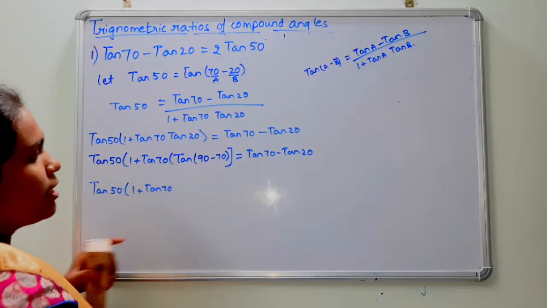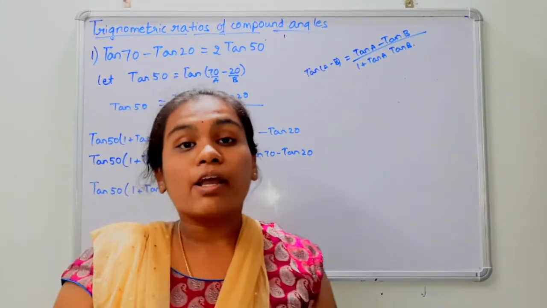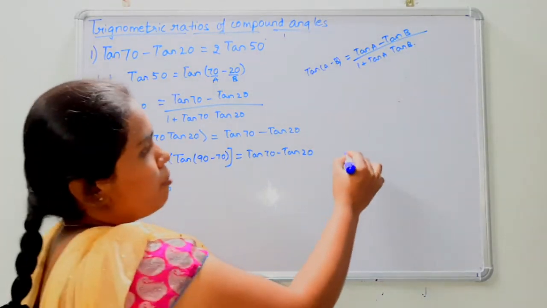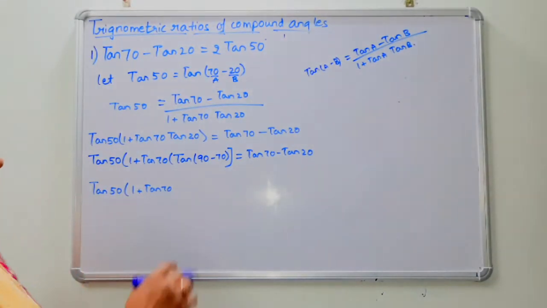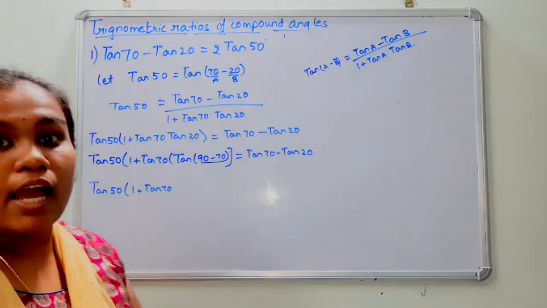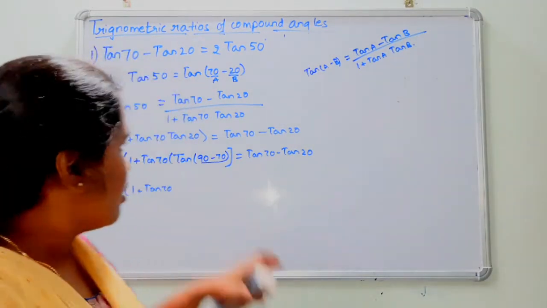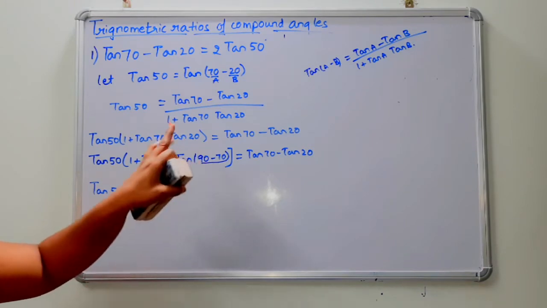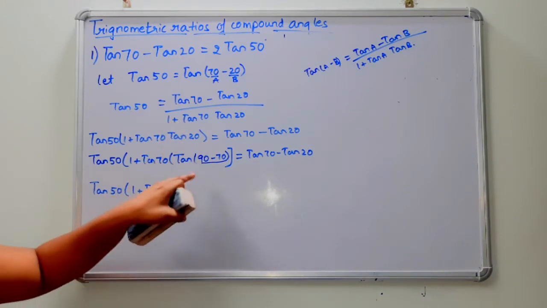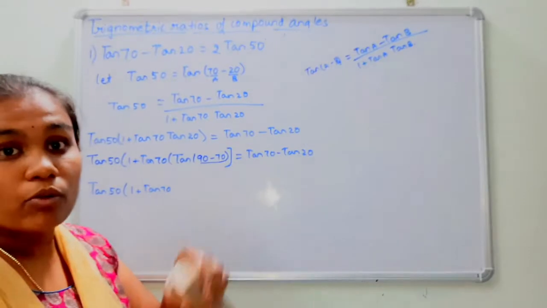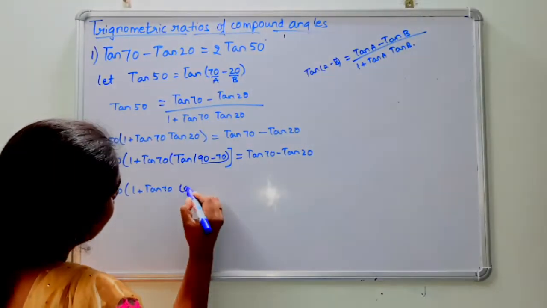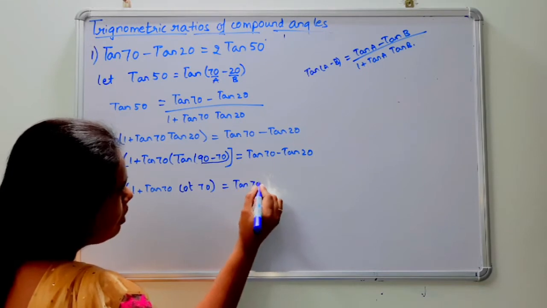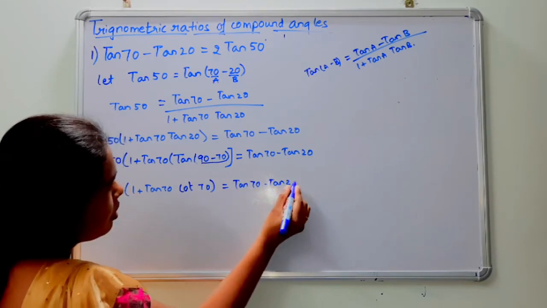What is 90 minus theta? 90 minus theta is first quadrant. In the first quadrant, all are positive. This is the all silver teacups rule which I have given in the last session. So 90 minus theta is of first quadrant and it is positive, and as this is an odd multiple of 90 we have to change it into cot. So tan 50 into (1 plus tan 70 cot 70) is equal to tan 70 minus tan 20.